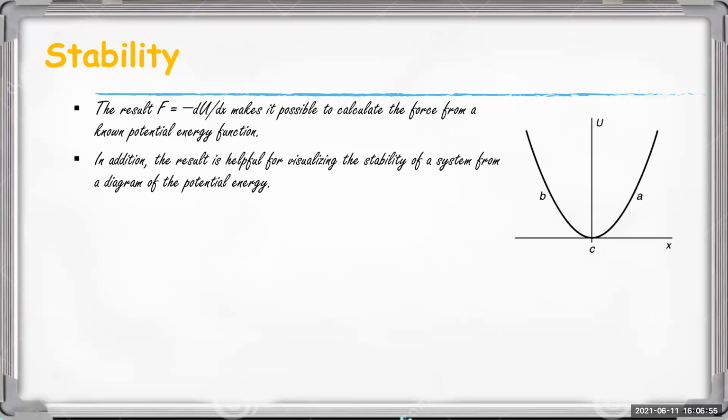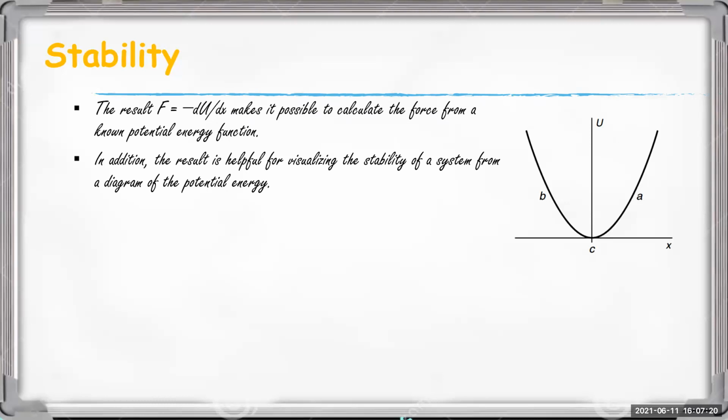Here in this diagram, the total energy is not shown. It is only the potential energy. So according to this shape, what is this potential energy corresponding to? It looks like a parabola.